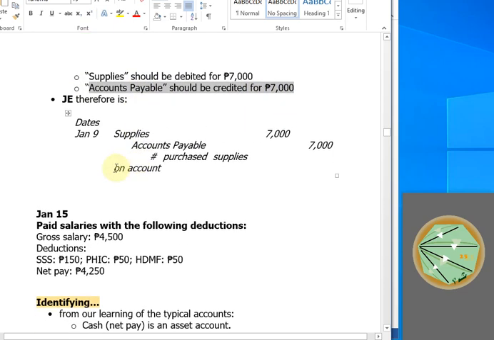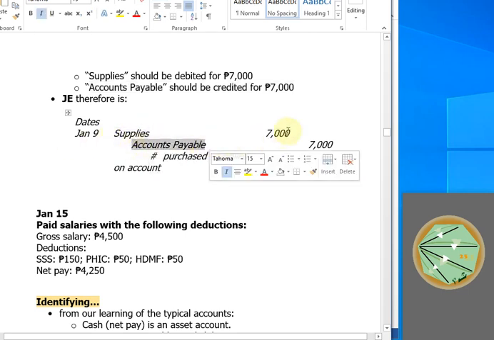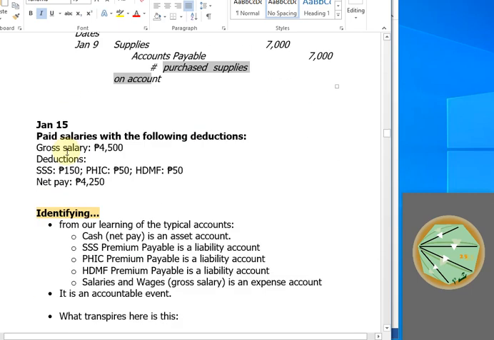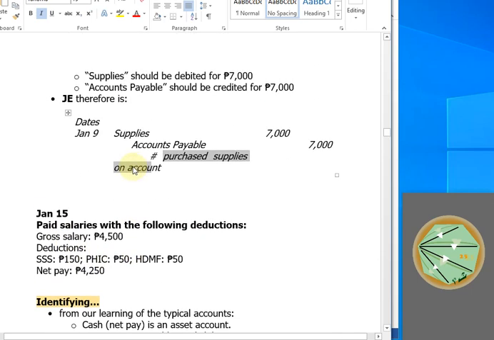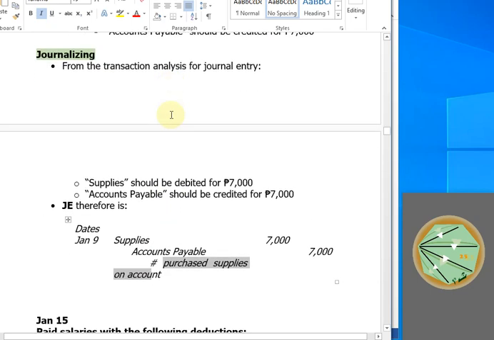To convert that into an entry, we have supplies on the debit, accounts payable on the credit. Amounts are both 7,000, and our explanation can be as simple as purchased supplies on account. That is our journal entry for the transaction on January 9.